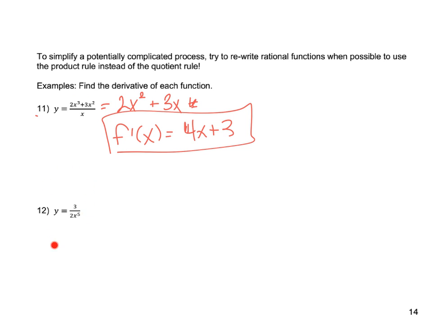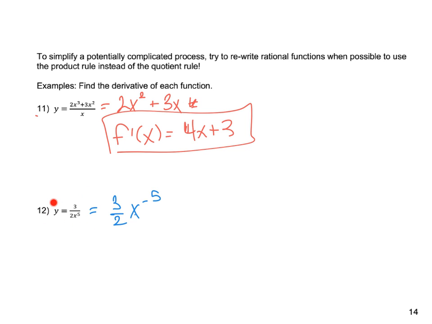Same with number 12. So you see a fraction, and we could definitely apply the quotient rule here. However, if you notice that there's only an x in the denominator, we can actually rewrite this in the same way we would in the very first section of this chapter, which is rewrite this as 3/2 times x to the -5.